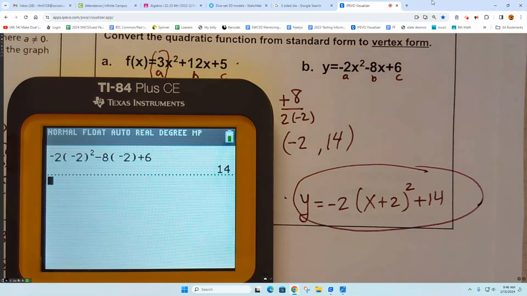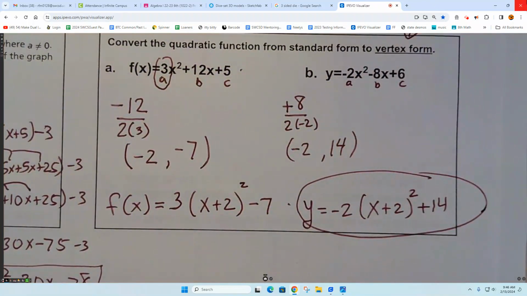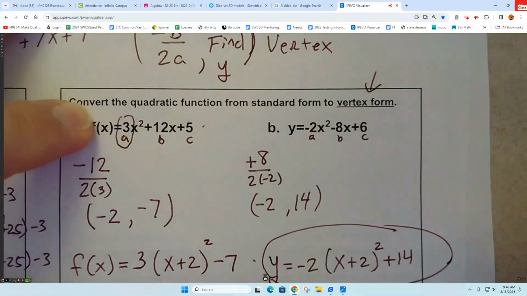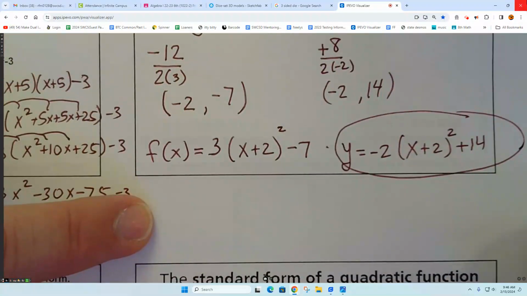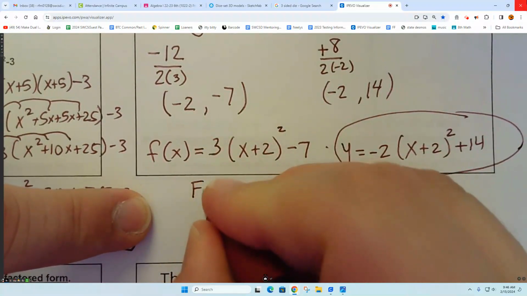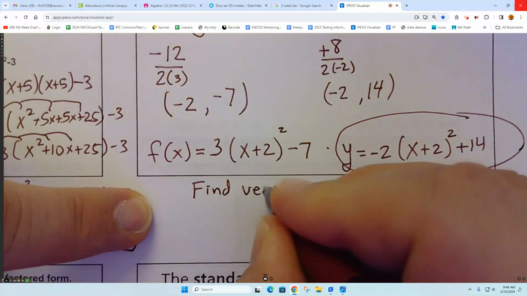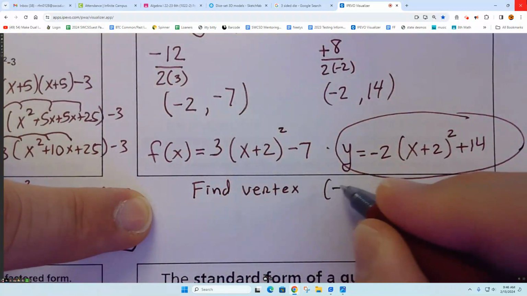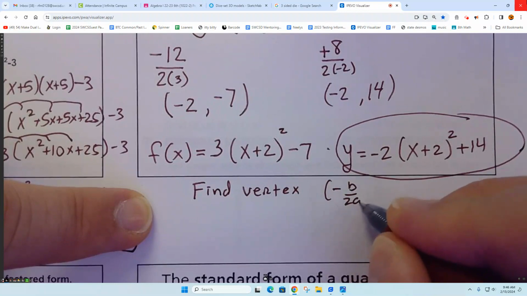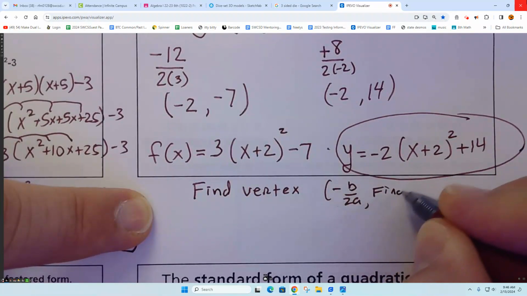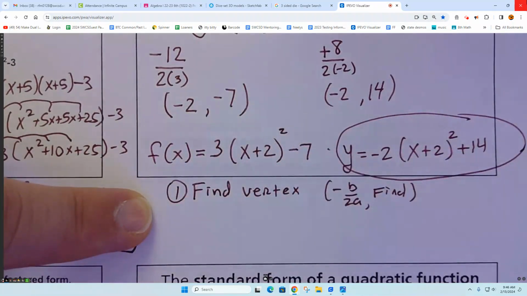So this is probably the hardest thing to do, right? Let's write down the steps down here real quick. Step one: find the vertex, which is negative b over 2a, comma, find.